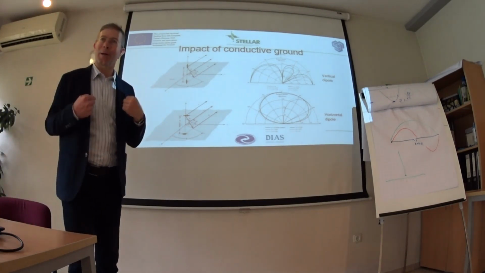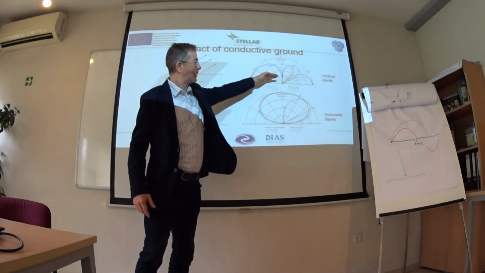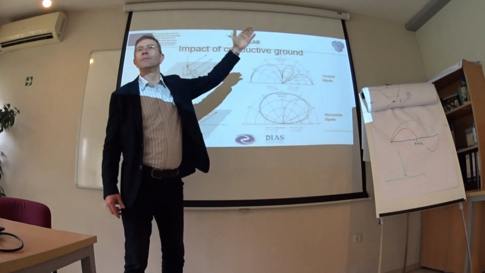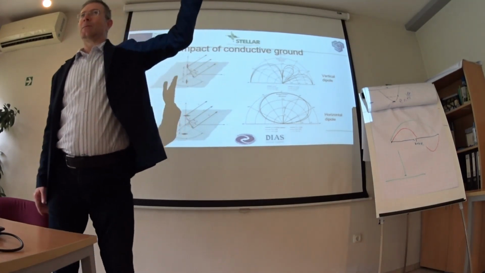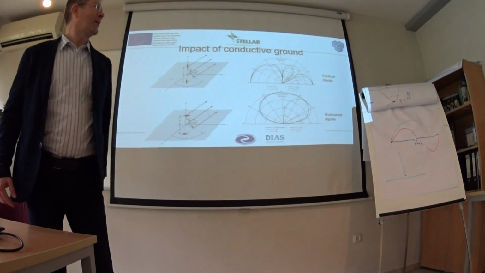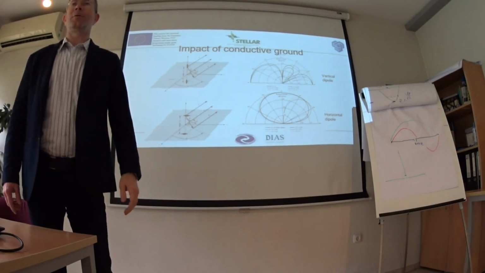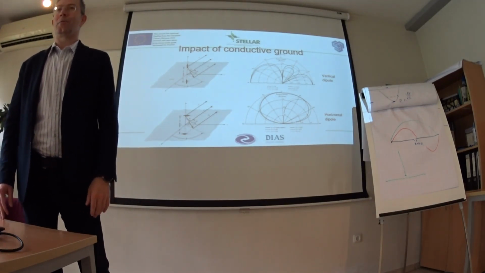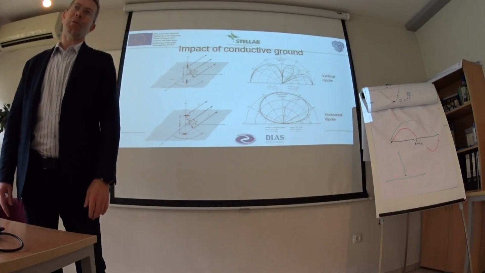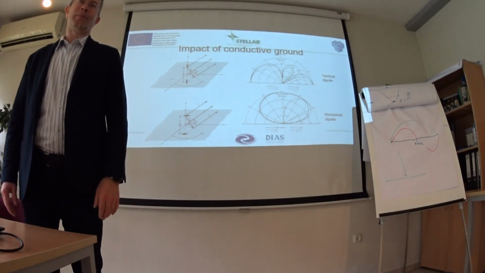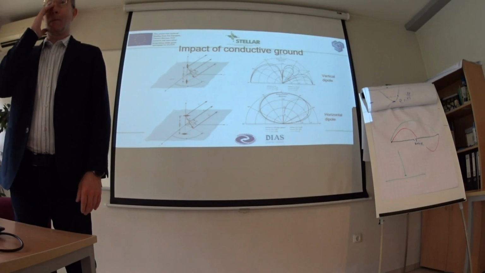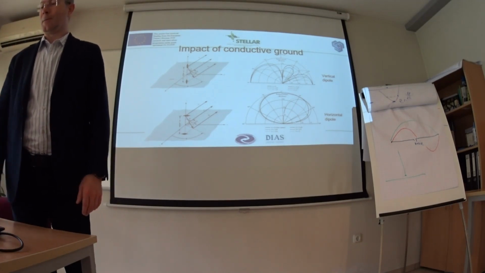But in our case, since our target is always on top, somewhere in the sky, the deterioration due to the finite ground conductivity is not a bad thing. It's actually better because we don't have reflection from the ground. Yes.